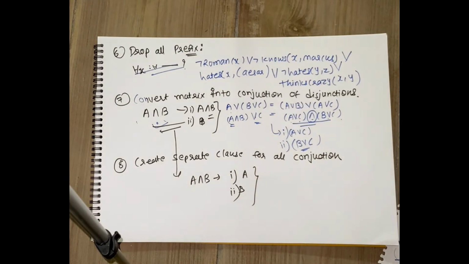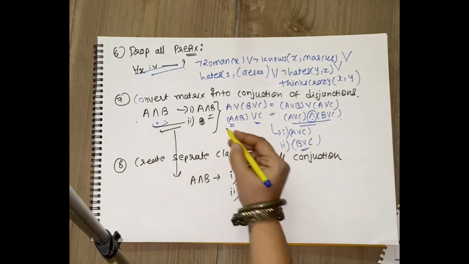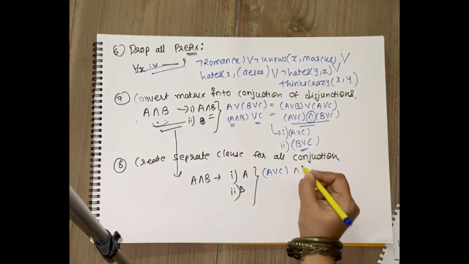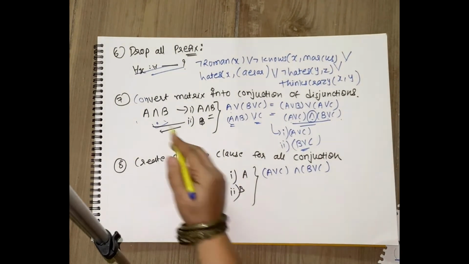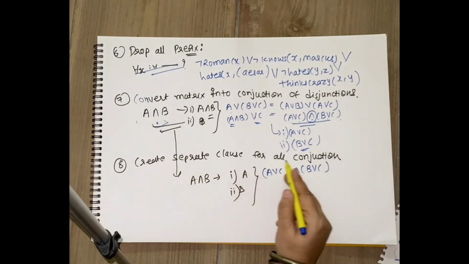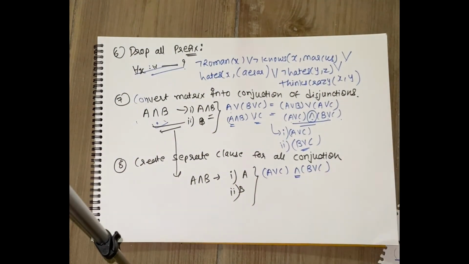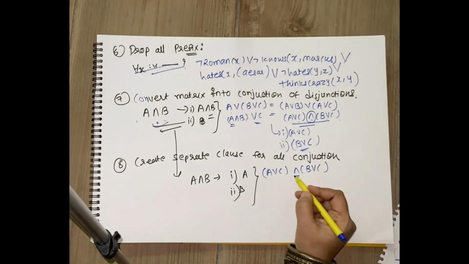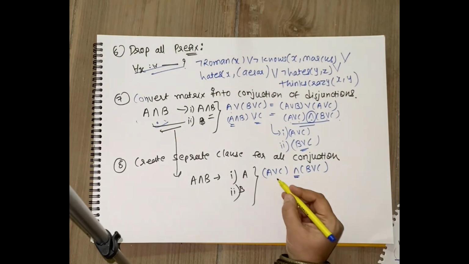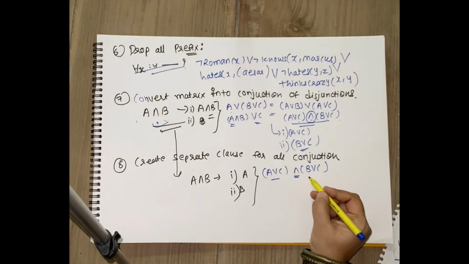For example, suppose you have A or C and B or C, that is the output of step number 7. In that case, you create a separate clause for each conjunction. How many conjunctions do you have? Single. So as many conjunctions as you have, that many clauses you are going to have. This clause is separate, this clause is separate.